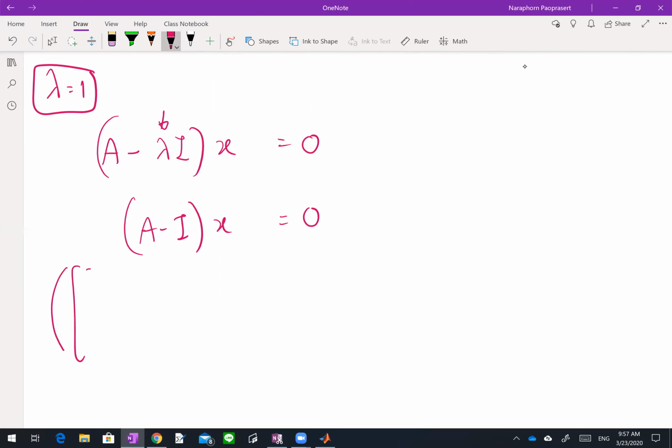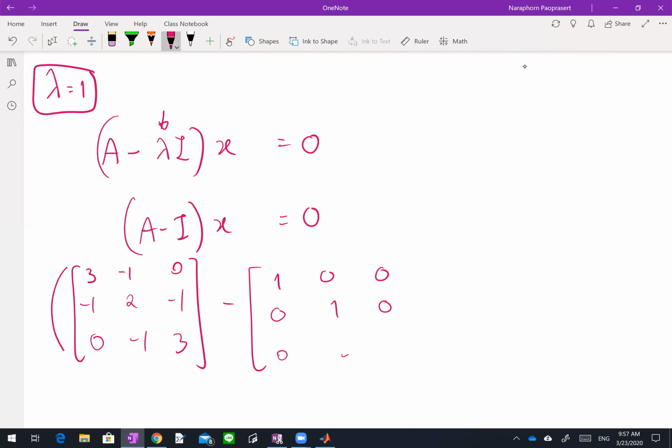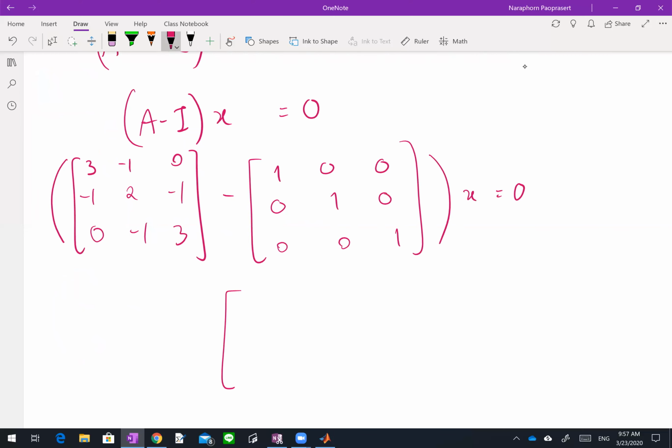A is just 3, minus 1, 0; minus 1, 2, minus 1; 0, minus 1, 3; minus the identity 1, 0, 0; 0, 1, 0; 0, 0, 1; times x equals 0. And so eventually you're going to have 2, minus 1, 0; minus 1, 1, minus 1; 0, minus 1, 2, times x equals 0.